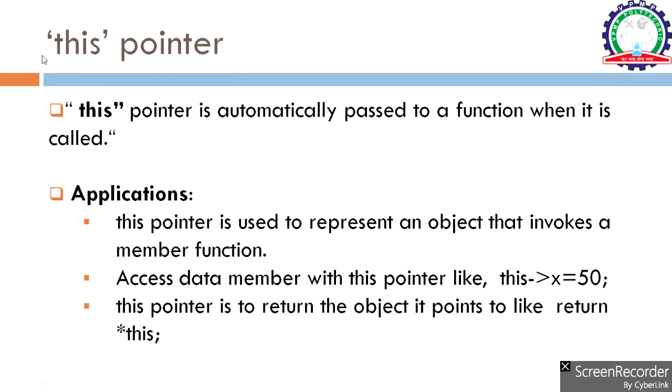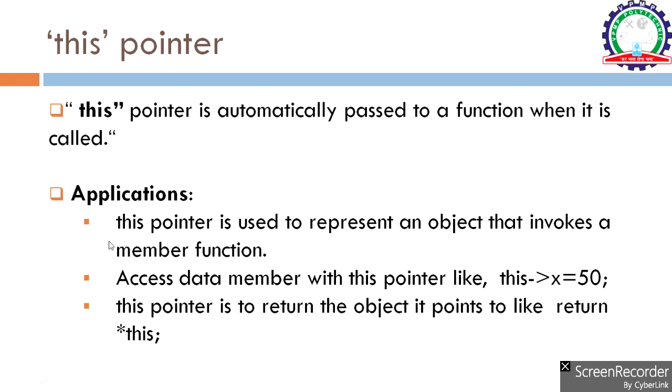Now let's see the other objective, that is the this pointer. The this pointer is a special type of pointer that is available in C++, which points automatically to the current object. That means the this pointer is automatically passed to a function when it is called. So let's see what the applications are.